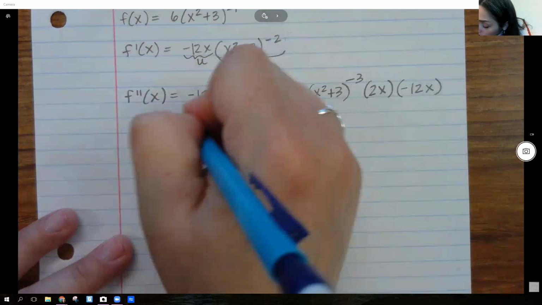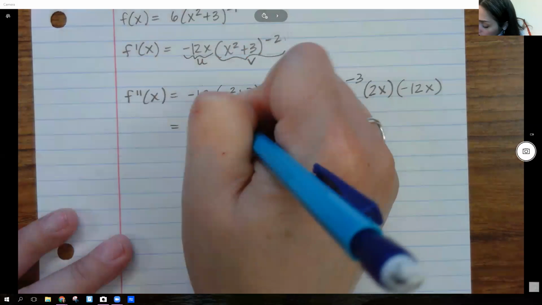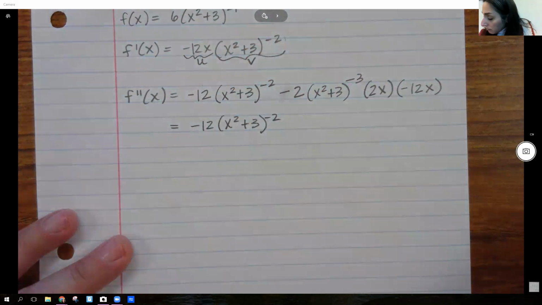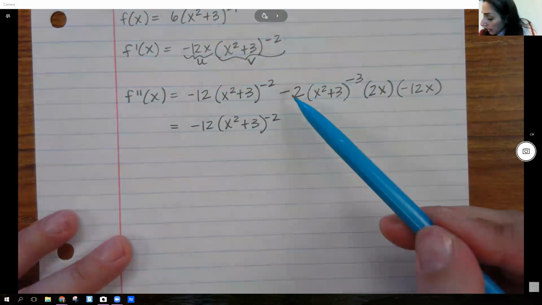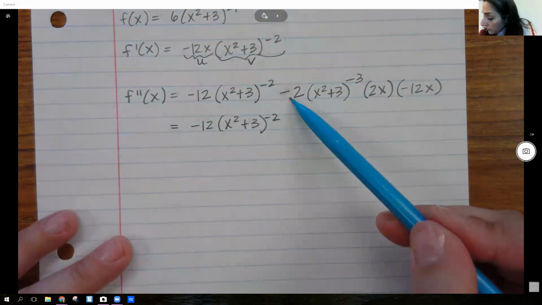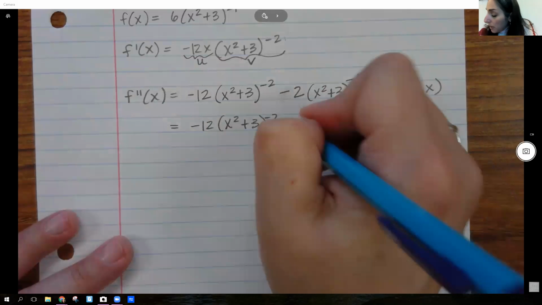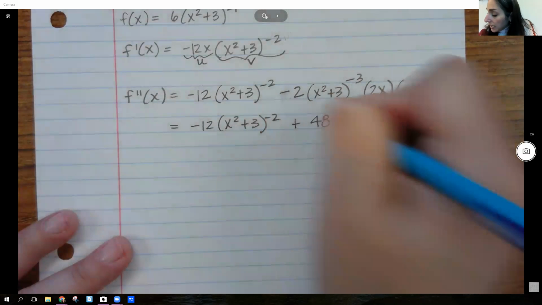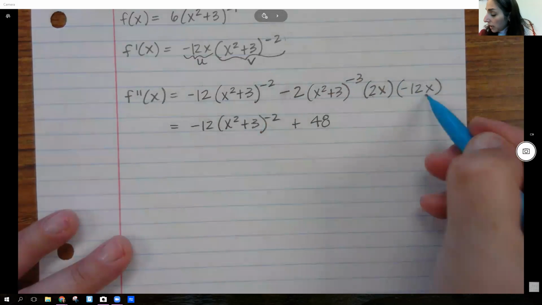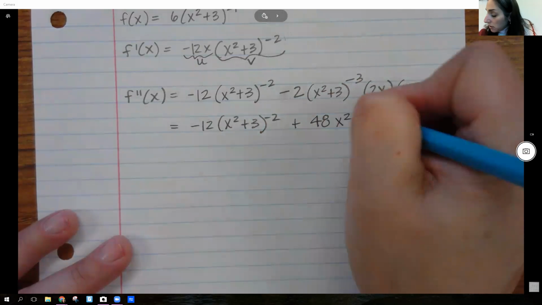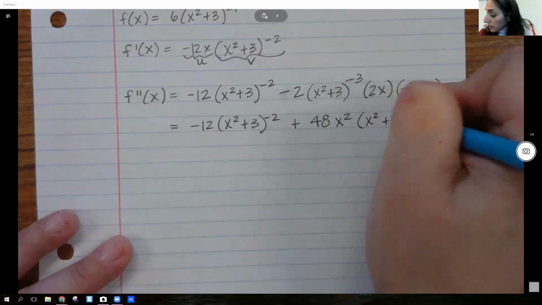All right, so -12 times x squared plus 3 to the -2. What can we do with this? Well, you've got -2 times another 2 would be -4, times -12 would be +48, x times x, x squared, times x squared plus 3 to the -3.